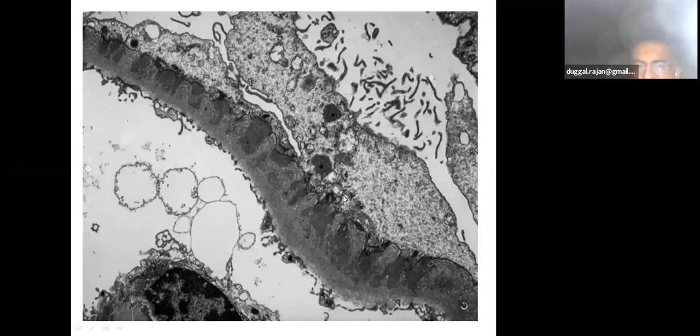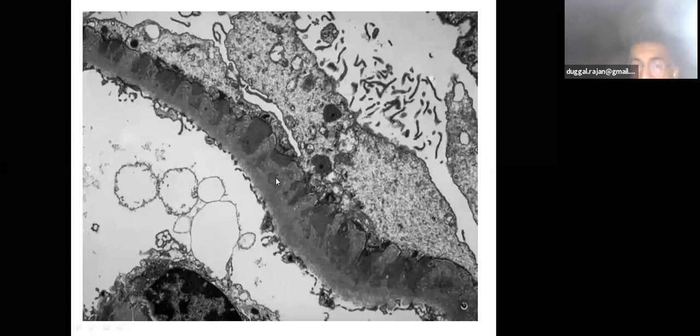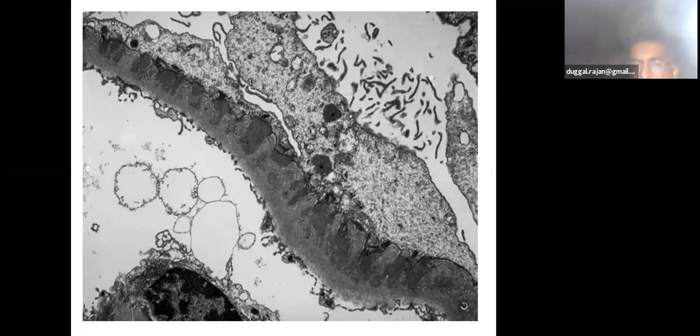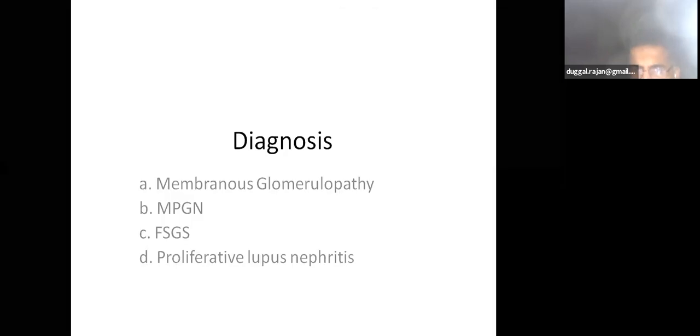Whether you want to label them as subendothelial, intramembranous, or subepithelial. So what is the likely diagnosis? Membranous glomerulopathy, MPGN, FSGS, proliferative lupus nephritis.